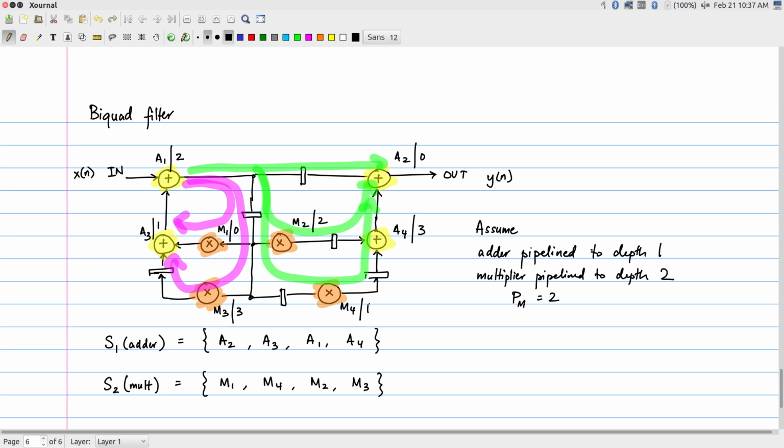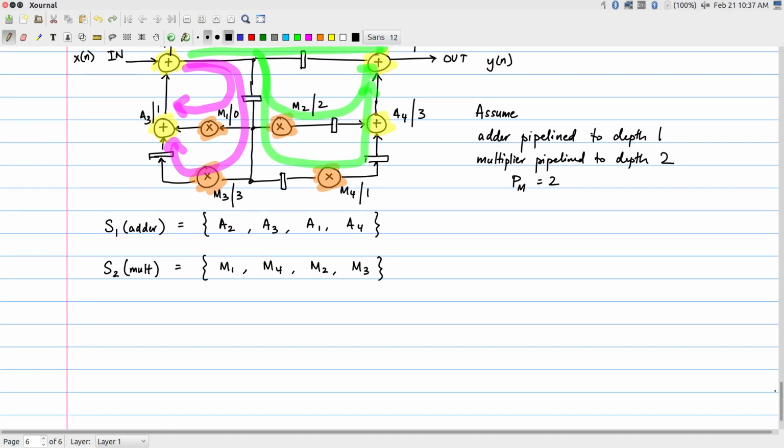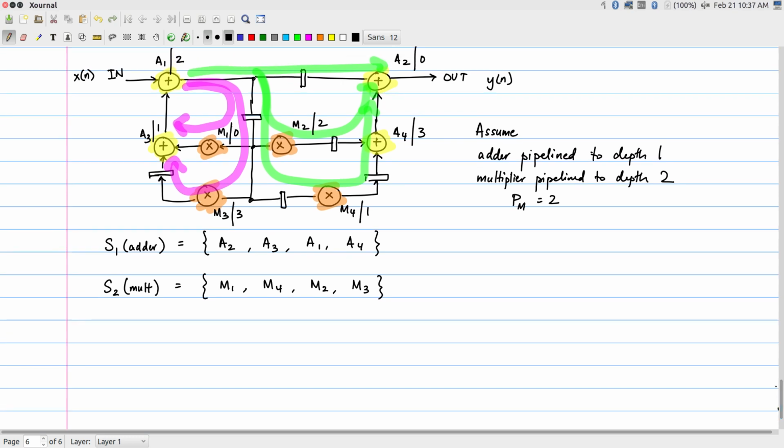Alright, so with this information, let's see if we can go forward and compute all the DF values. In order to talk about the DF values, we need to understand what the different edges present in this data flow graph are to start with. What I have drawn here is not really a data flow graph, it is a block diagram.